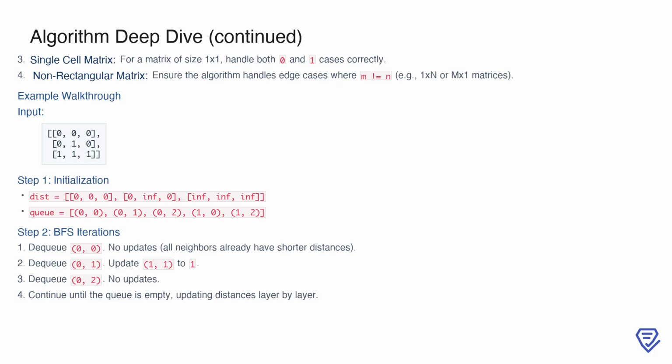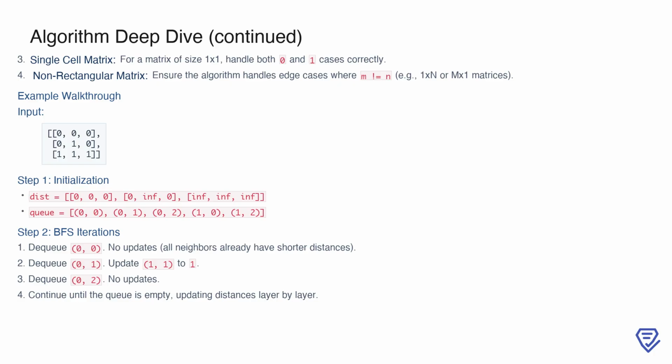For a 1x1 matrix, whether the cell is 0 or 1, the algorithm will correctly handle the output. For non-rectangular matrices, where the number of rows and columns differ, like 1xn or mx1 matrices, the BFS ensures correct processing without any issues. To understand the algorithm better, let's walk through an example.